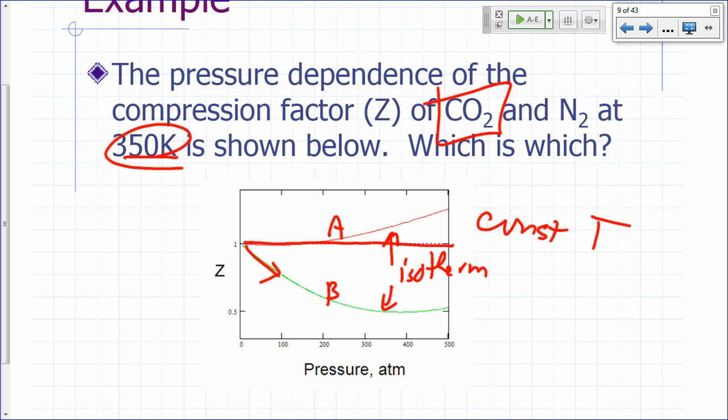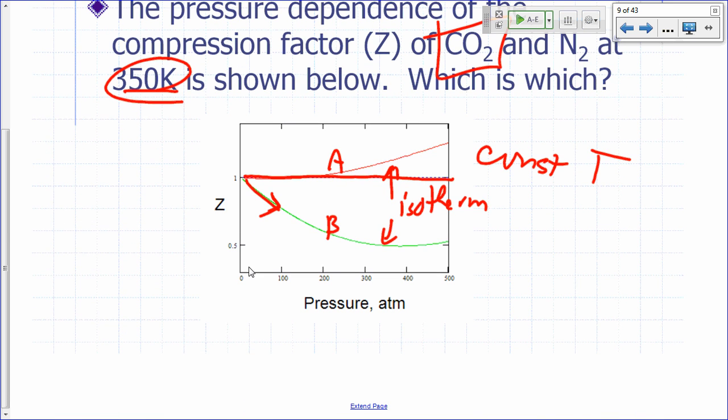So why do you expect carbon dioxide to dip below 1 more than nitrogen at the same temperature? Then you'll have to compare carbon dioxide and nitrogen in terms of intermolecular forces. So how do you compare them?